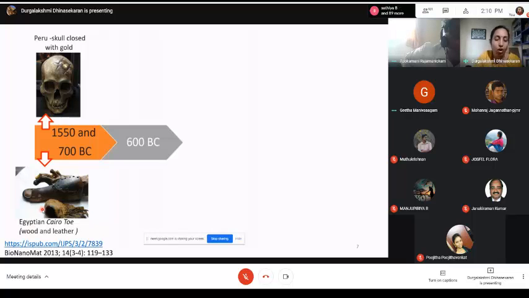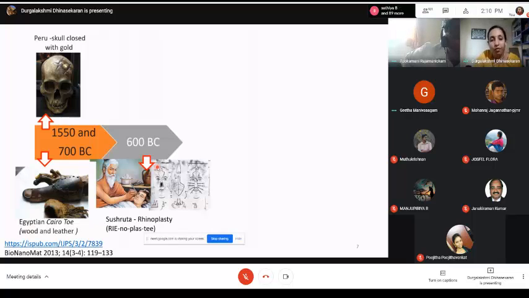or when in need of traumatic conditions and all. And in 600 BC, in India, we have the evidence of nose replacement surgeries, or nose reconstruction surgery, done by Sushruta, who is called the father of surgery. We know plastic surgery is nothing but nose plastic surgery, which was done in 600 BC itself.